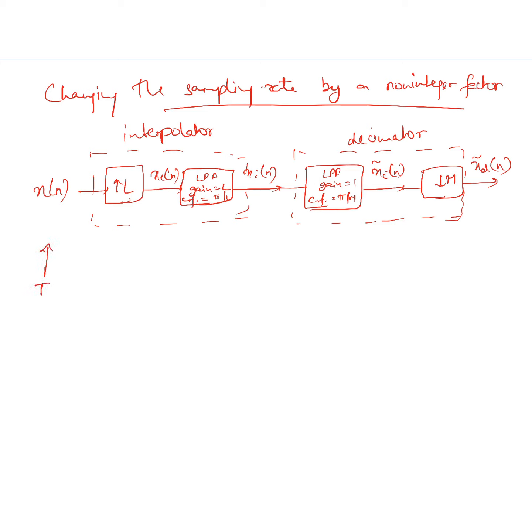Here this signal has a sampling period T, xe of n has T by L. For xi of n, this low pass filter won't change the sampling rate, so it would still be T by L. Again, the low pass filter won't change anything, it would be T by L. But here we have the downsampler, so it would change to TM by L. So if you have M greater than L, you would see an increase in the sampling period.